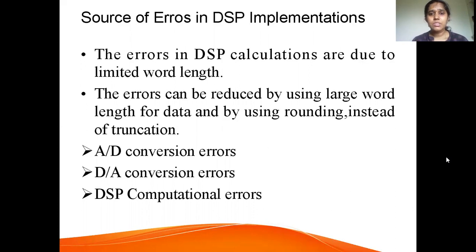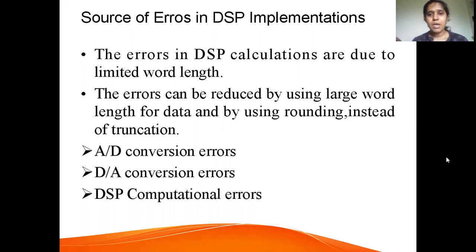Generally, the errors in DSP calculations are due to limited word length. If we increase the word length, the size of the word for the data, and use rounding instead of truncation, we can reduce the errors. Some of the errors you can observe in A to D conversion while converting analog to digital signal.